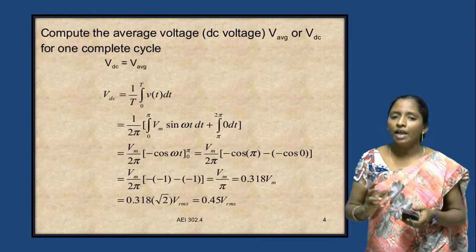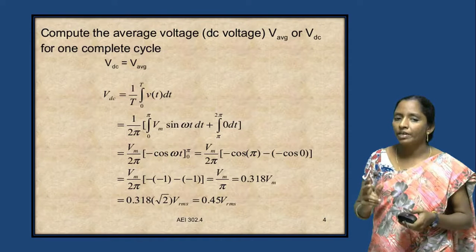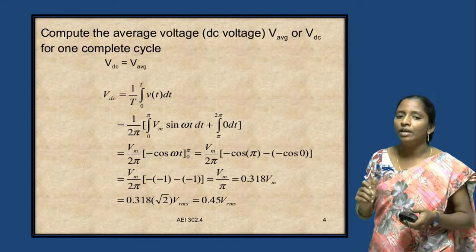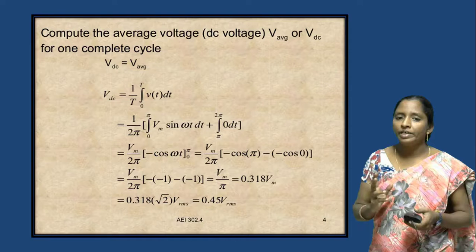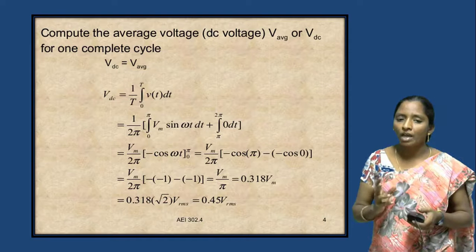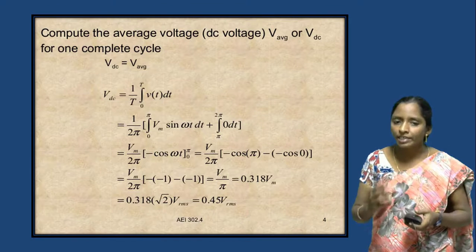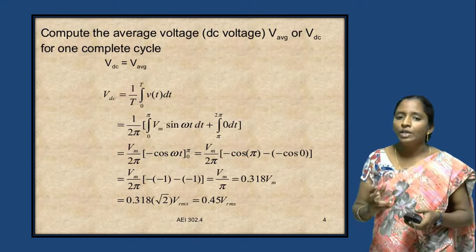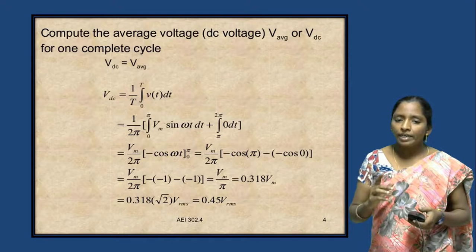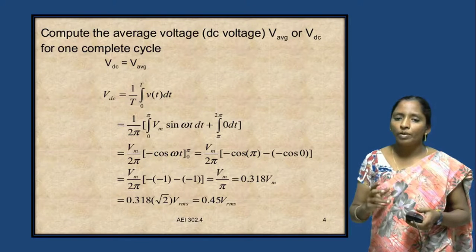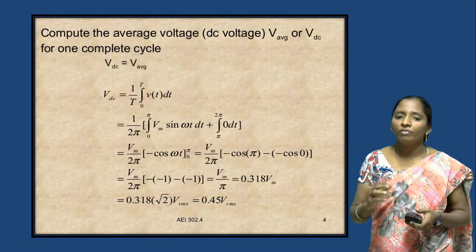To calculate the average voltage or DC voltage, we consider one complete cycle. VDC, the V average, equals 1 by T, because the time period for one complete cycle is T. We take the integration of the input voltage from 0 to T, V of t dt.